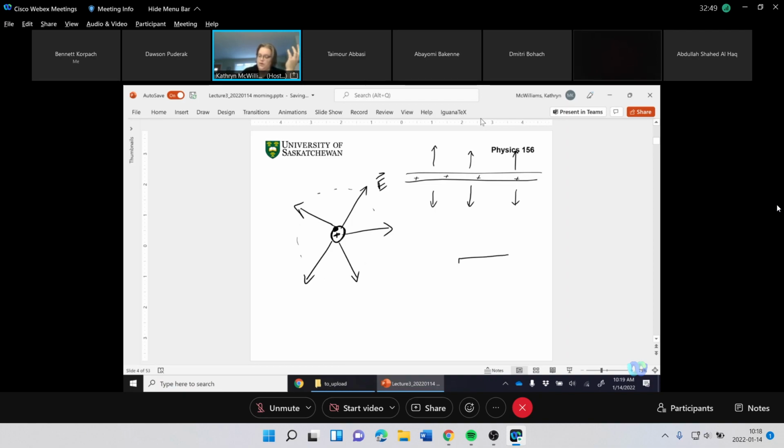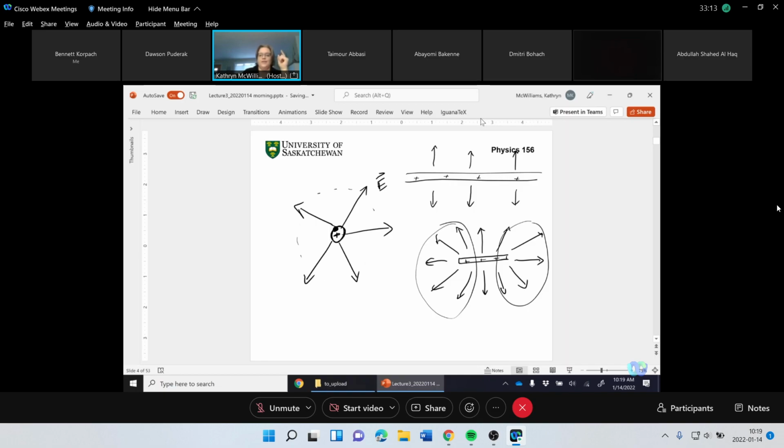If we have a smaller plate that's finite, then we start to see this behavior that we get for a point charge like this. So if we have a finite plate, we start to see these edge effects here.